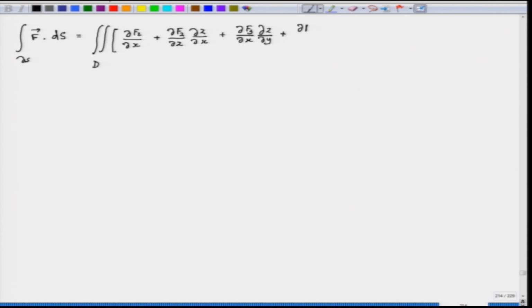I am just rearranging this thing: ∂F3∂z ∂z∂x ∂z∂y plus F3 ∂²z∂x∂y.